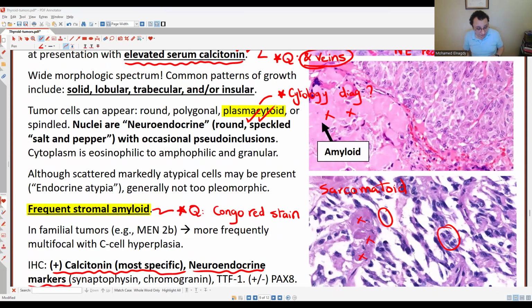You might get a question. I got this question in 2 out of 3 Q banks that I solved. They give you a thyroid mass and tell you this is the FNA from a thyroid mass, a 30-year-old female, and then you see a lot of dispersed cells, as you see in FNA, and they look like plasma cells.